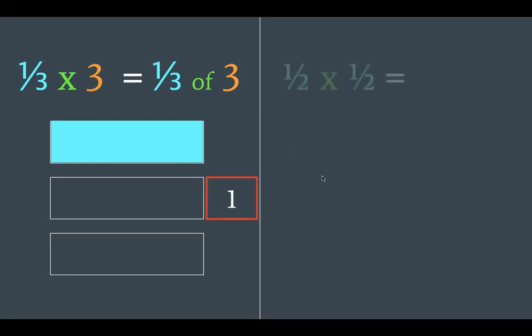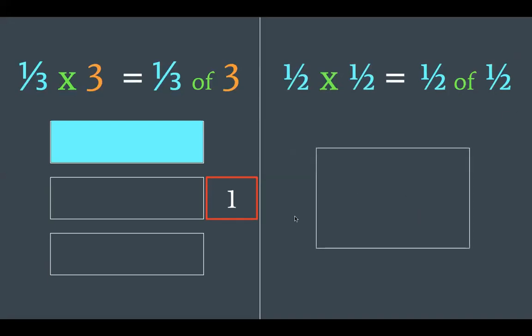So now we're going to look at an equation that has two factors that are fractions. If you said 1/2 of 1/2, you are correct. 1/2 of 1/2, starting with 1/2. So I have a rectangle, and this is 1 whole. But we don't need 1 whole. We want to only look at 1/2 of the whole.